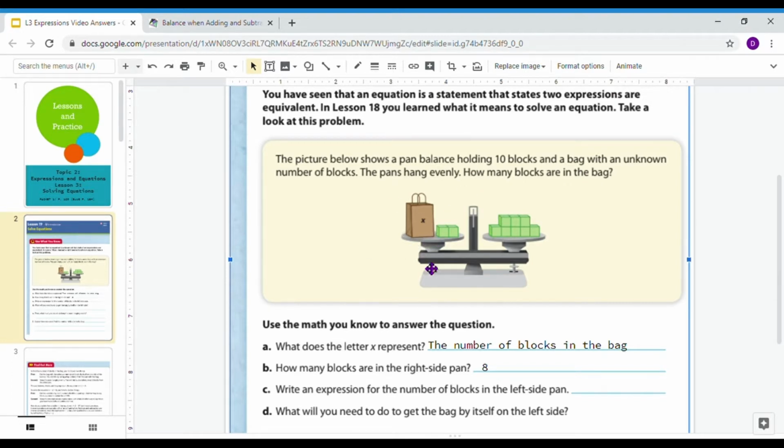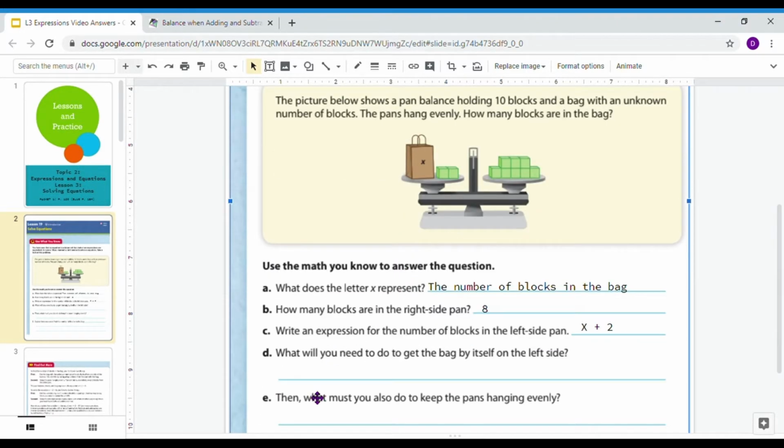So if I were to create an expression for the total number of blocks on the left side pan, it would have to be X plus 2. Because I know that the total amount is going to be this 2 plus whatever number of blocks are in this bag. So on the right side, I've got 8, and on the left side, I've got X plus 2.